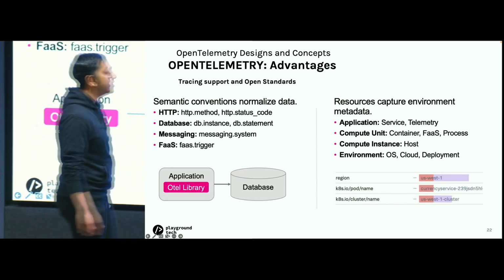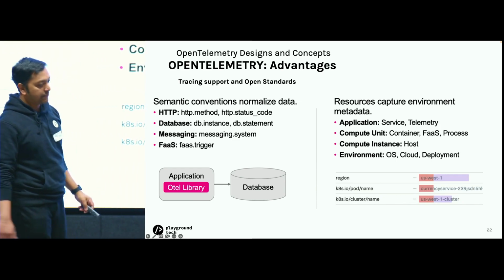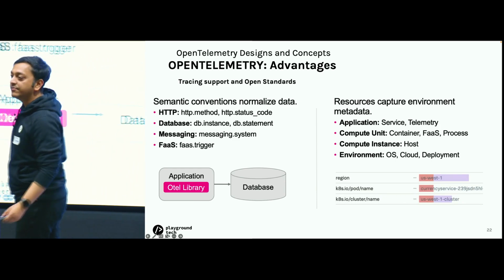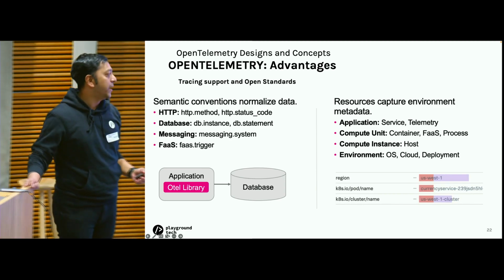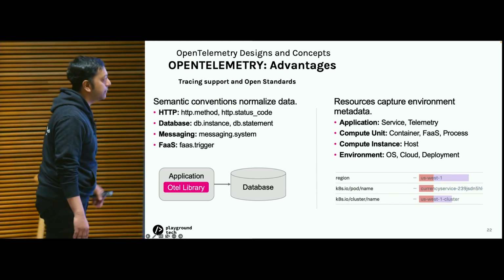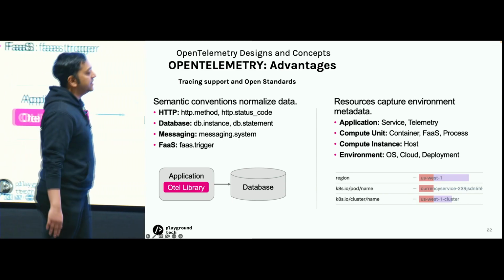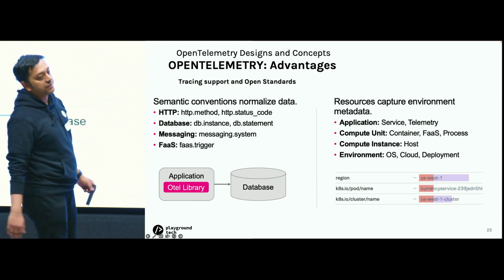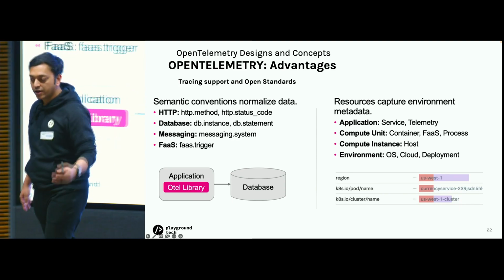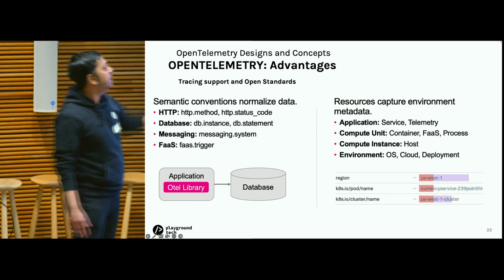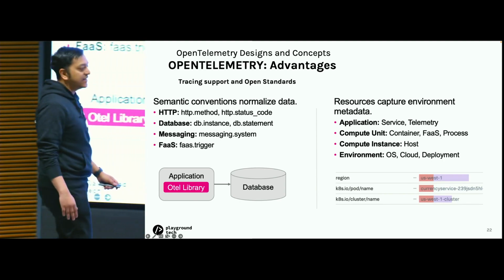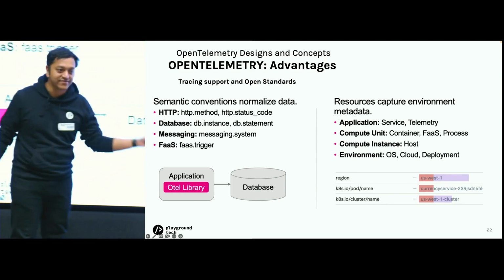Basically, when a request goes through multiple systems, in the pre-OpenTelemetry phase, this request propagation was sometimes lost, or it was difficult to get a visualization of it. But OpenTelemetry came with a much more conventional and open standard tracing support.